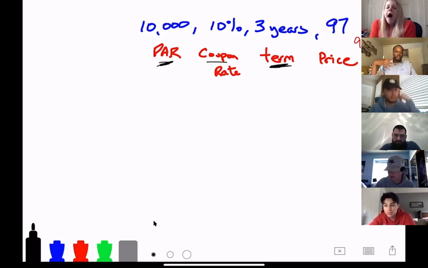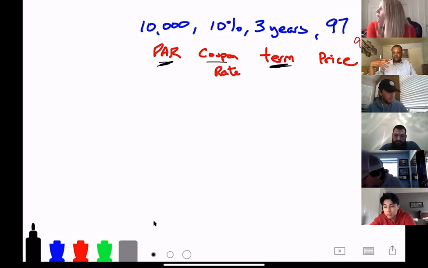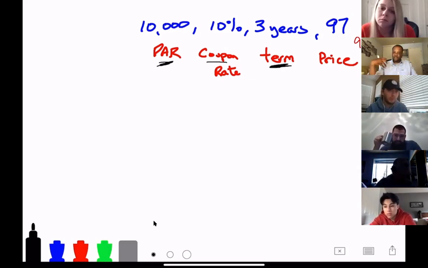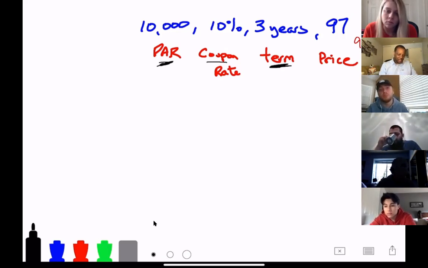So why would a company do that? The reason why you sell things at a discount is because you want to entice investors, right? We want to buy things at a discount. So they're having a sale. The reason why they have to have a sale is because I'm thinking, wait a second, I could take this $10,000 and earn something more than 10% somewhere else.